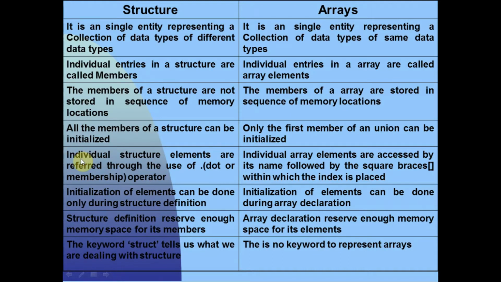Then structure: individual structure elements are referred to through the dot or membership operator. Then array: individual array elements are accessed by the name followed by square brackets within which the index is placed.